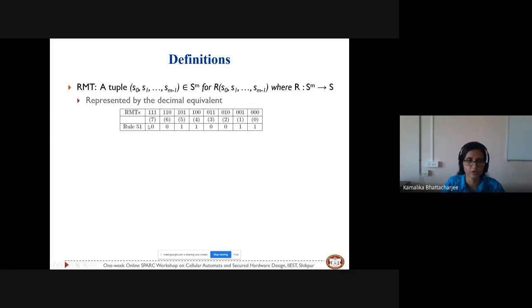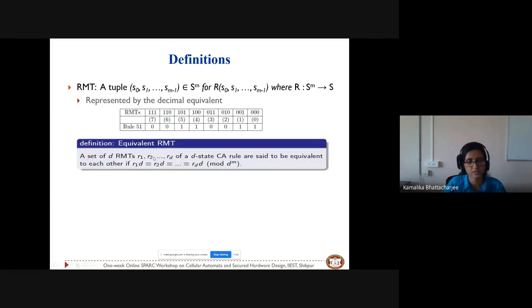So if we are talking about ECA, that is two-state three-neighborhood CA, in that case there are 8 RMTs, 000 to 111. These RMTs can be numbered as 0 to 7.